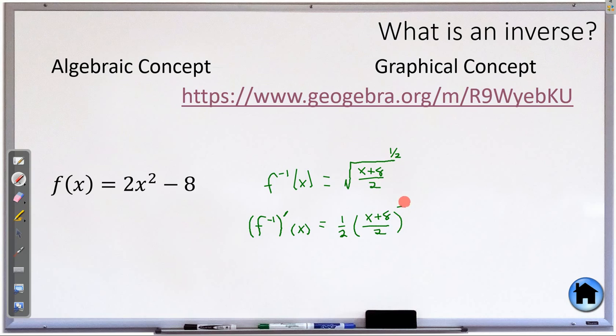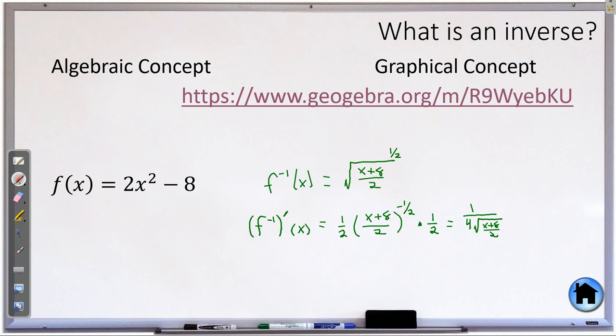And our power is negative 1/2 times the derivative of the inside. This is just 1/2 x in front, so our derivative there is 1/2. So that would be 1 over 4 square roots of x plus 8 over 2. So if you need the inverse's derivative, that's the way you can do it.